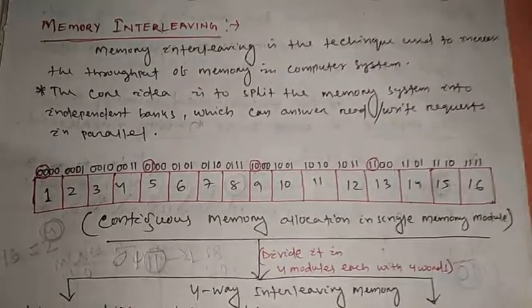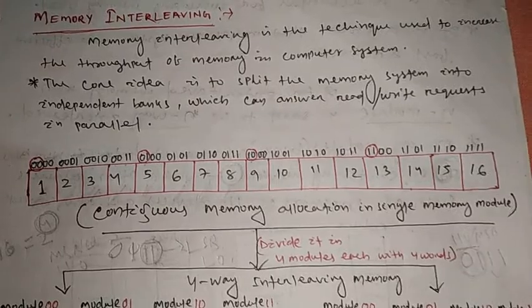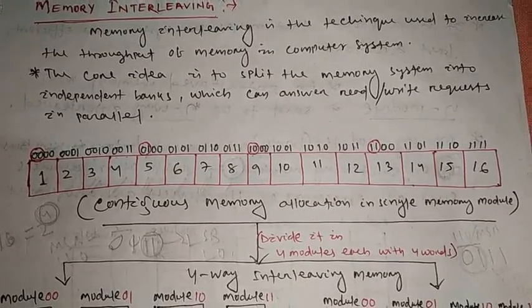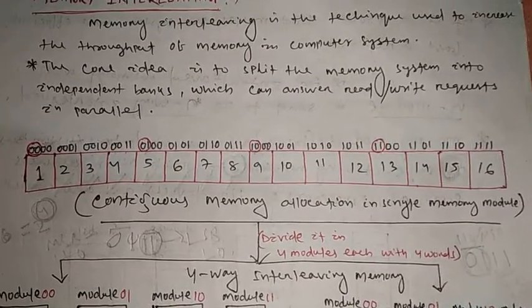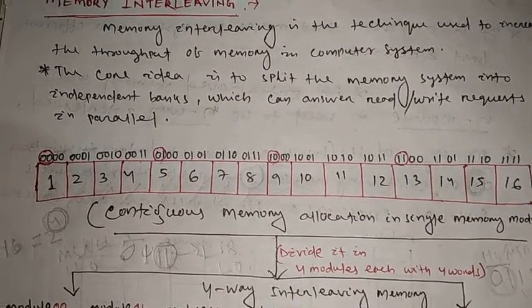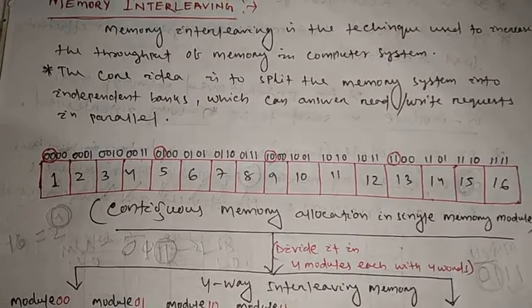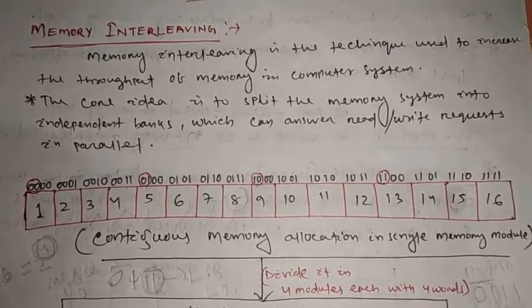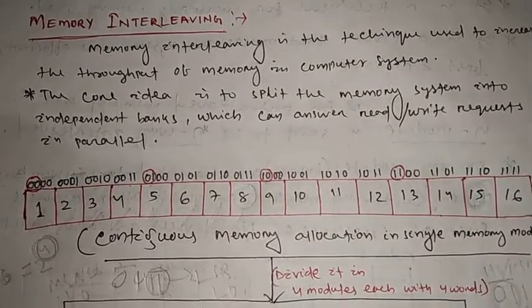So what is the main goal? By memory interleaving, we can divide the memory into a number of different modules, through which we can access multiple words at one time in our computer system. That's why we are using the memory interleaving technique.